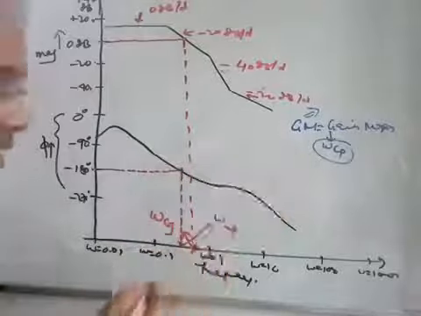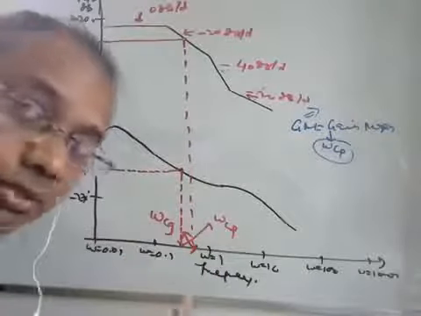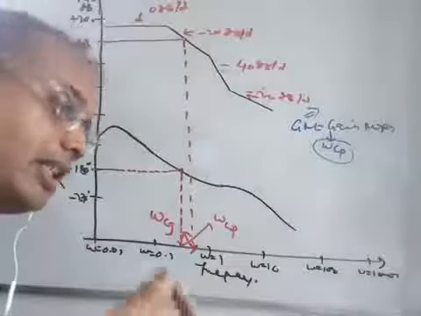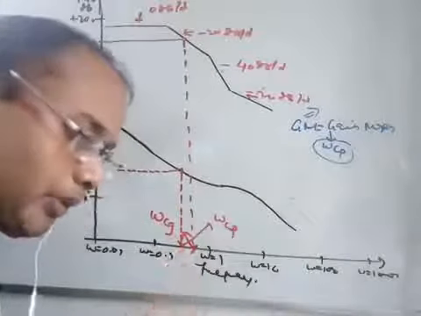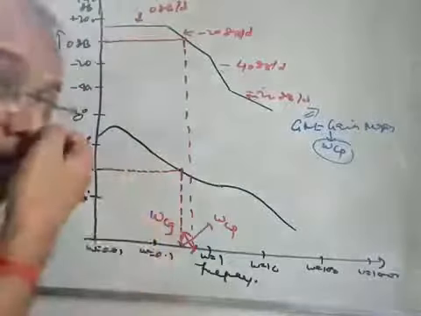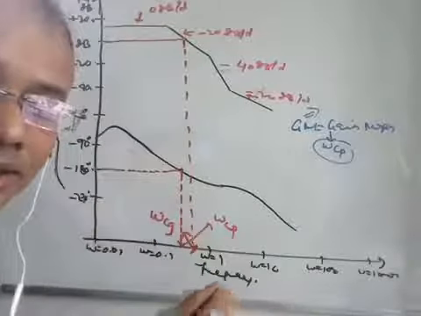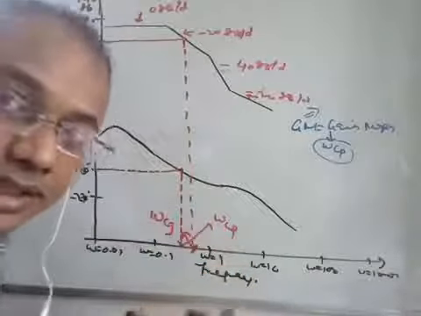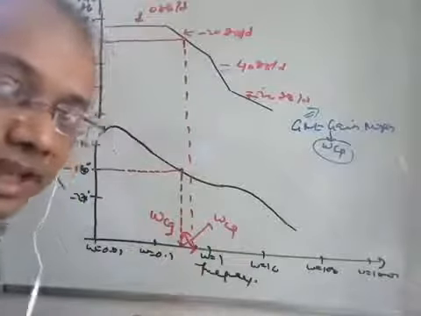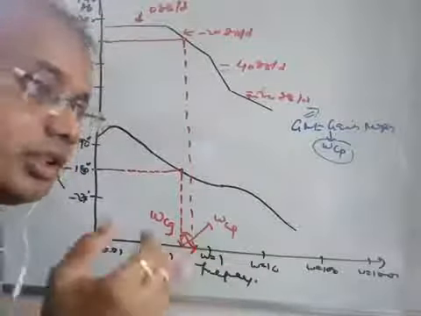Now gain margin means how much additional gain you can incorporate into the system such that the system is on the verge of stability. For example, additional 5 dB gain you are going to add to your existing system. Once you add the additional 5 dB gain, the system is still stable.